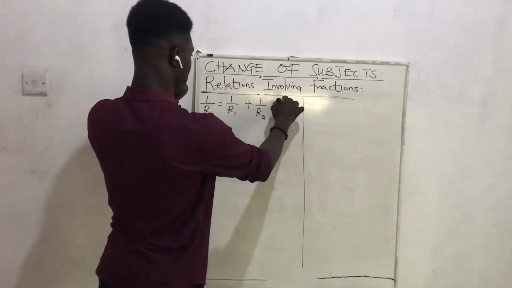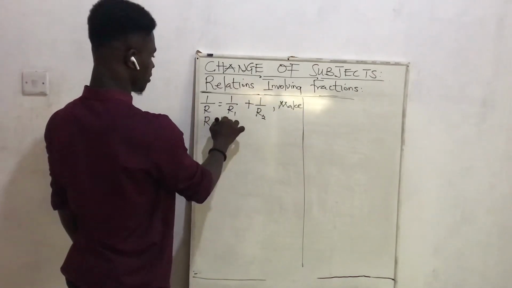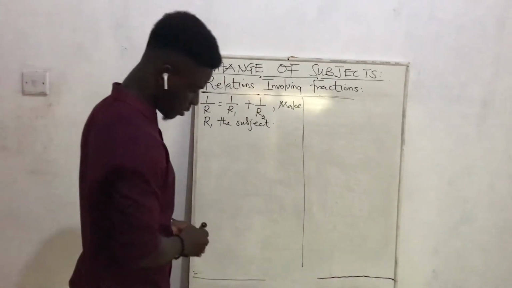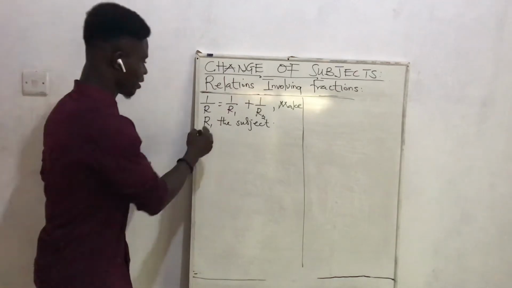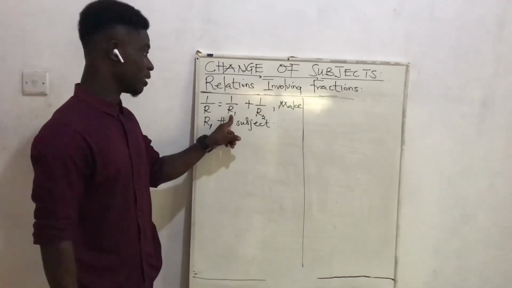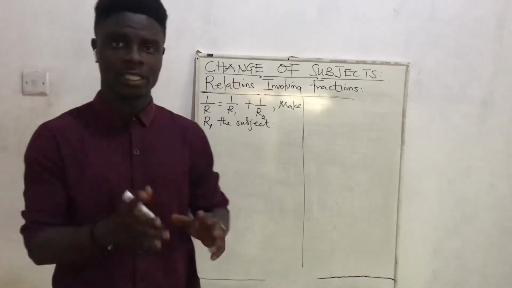Make r1 the subject. So they said we should make r1 the subject. Now r is different from r1, and r1 is different from r2. So we make r1 the subject.